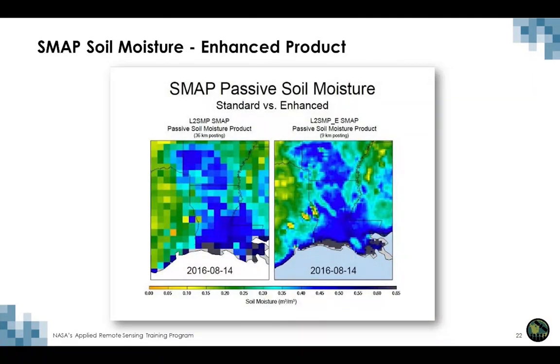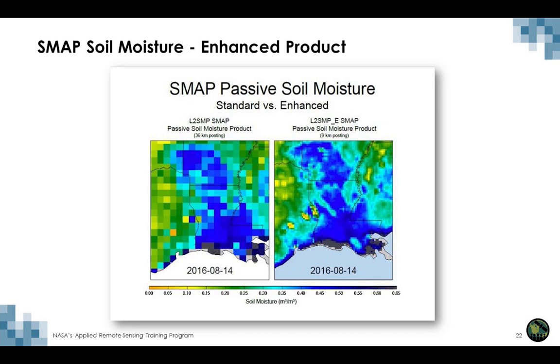So this example shows one of the enhanced products. This one is the resolution of the radiometer being enhanced. The product on the left is a soil moisture product generated from the original radiometer resolution, and it's gridded to 36 kilometers.